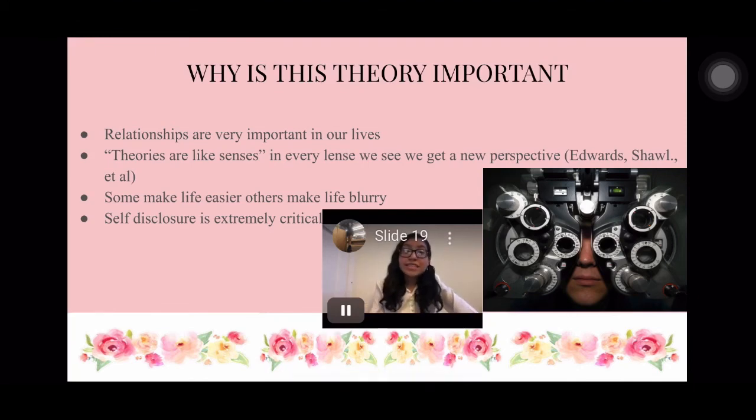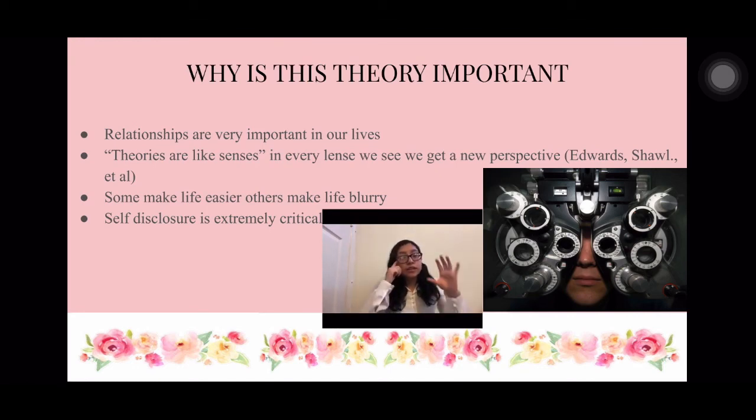I really liked an example that the book gave on social penetration theory, or on all of the communication models, which was that they are different lenses that the eye doctor can make you see.